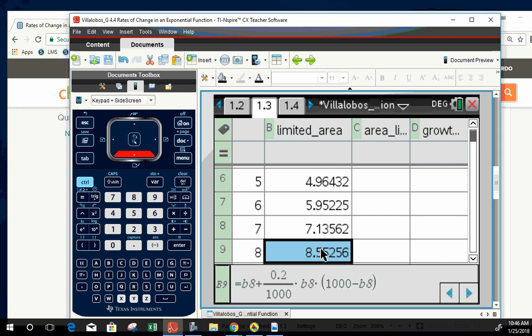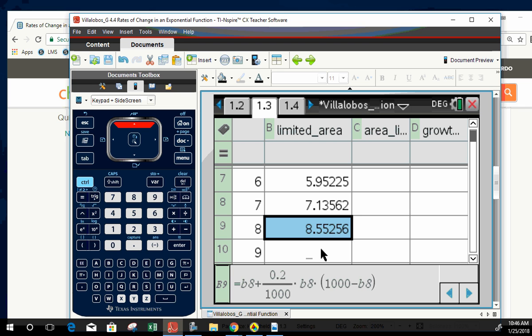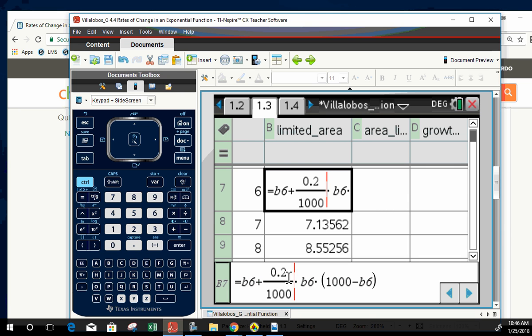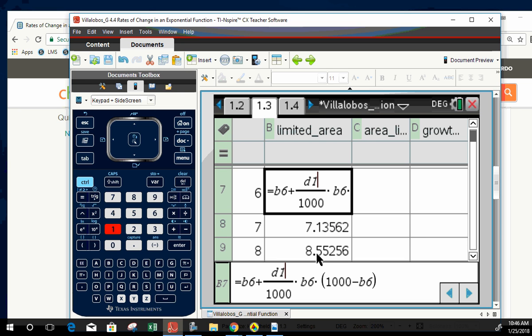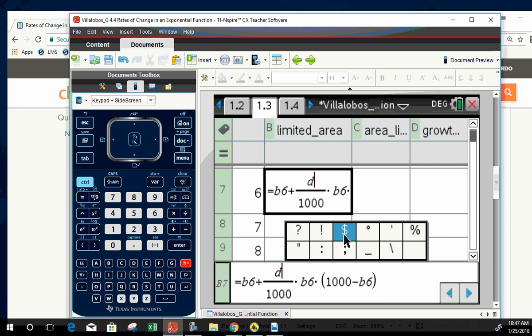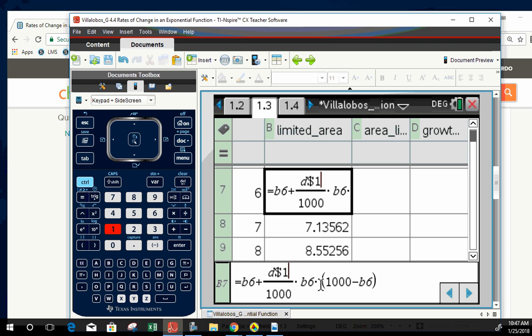Now, if you want to take it an extra step, we could go here and rewrite this. The growth rate is in D1, so replace that with D1. But we don't want the reference to change, so use the dollar sign: D, dollar sign, 1.